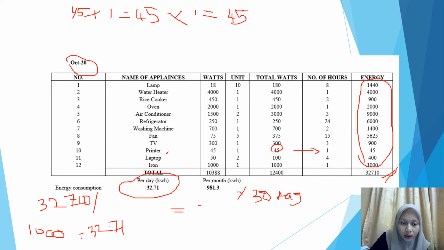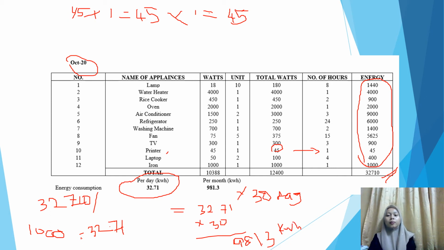So 32.71 times 31 days, and I get 981.3 kilowatt hour monthly for October.